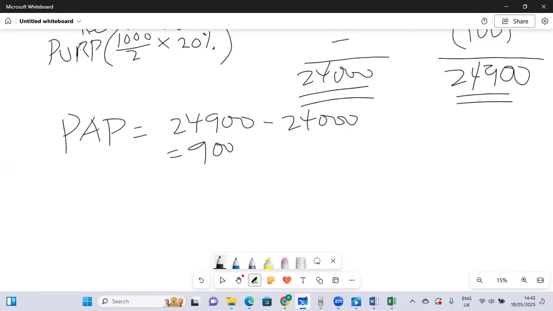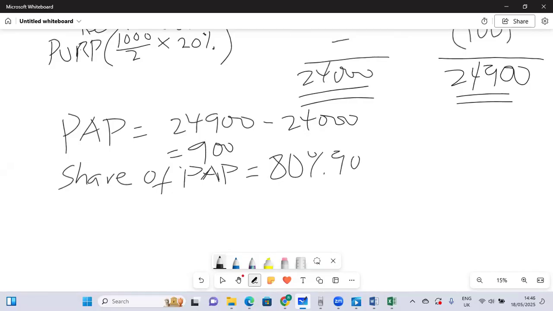With this, we share our PAP. We share it to the parent and subsidiary. So share of PAP will come in. Parent is having what? 80%. So 80% of the 900, and that is for parents.